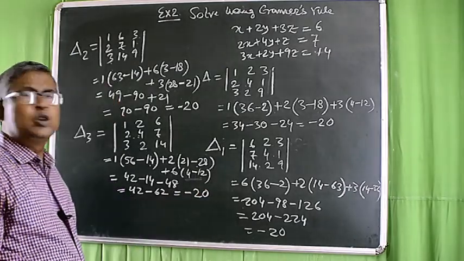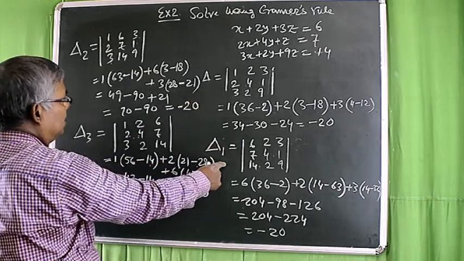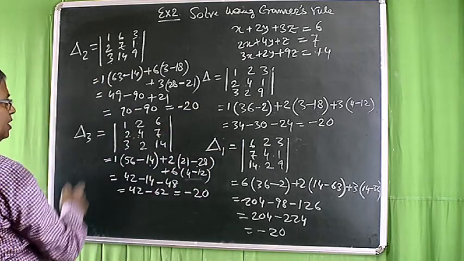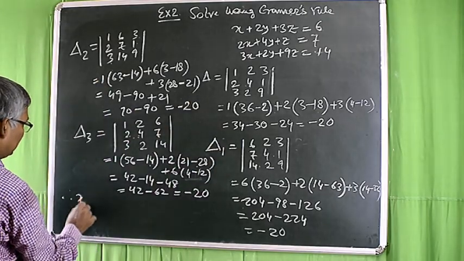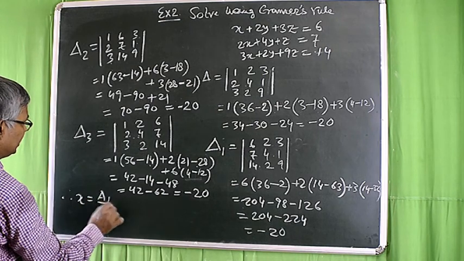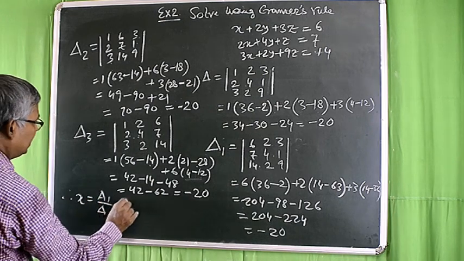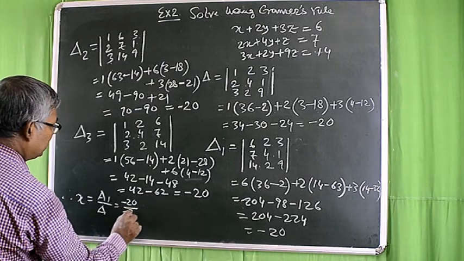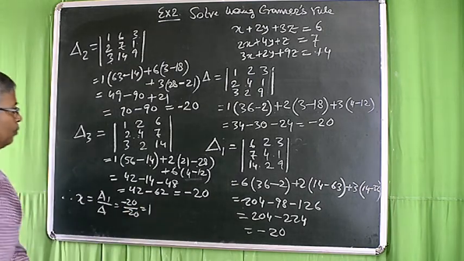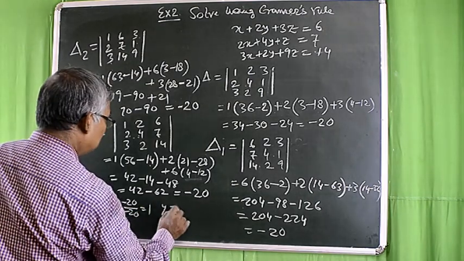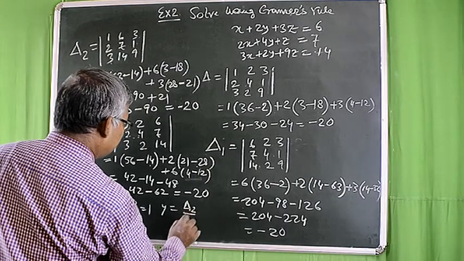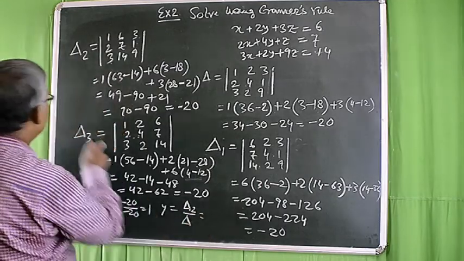Students, here we find del 1, del 2 and del 3. Therefore, x equal to del 1 by del equal to minus 20 by minus 20 equal to 1. Y equal to del 2 by del. What is the value of del 2?